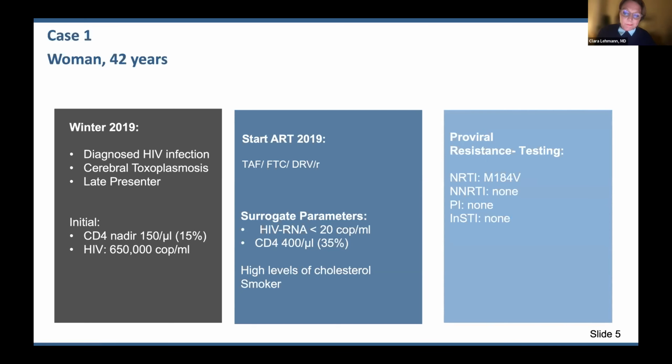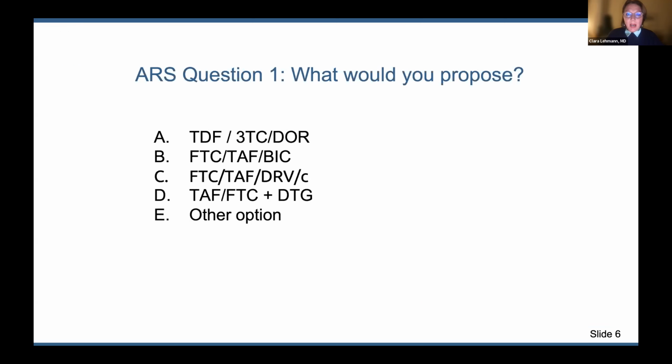We decided to do a proviral resistance testing because the initial resistance testing was not available, so we didn't know what the patient had in winter 2019. So we decided to do a new resistance testing with the idea of changing the ART. Now the question is, what would you propose?